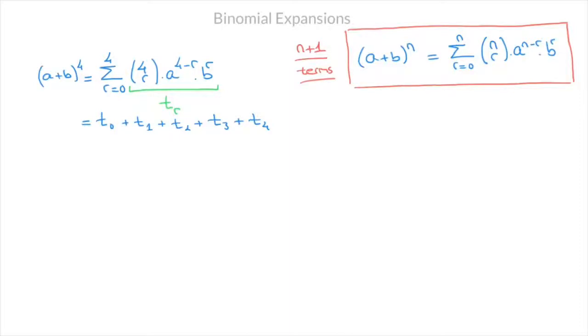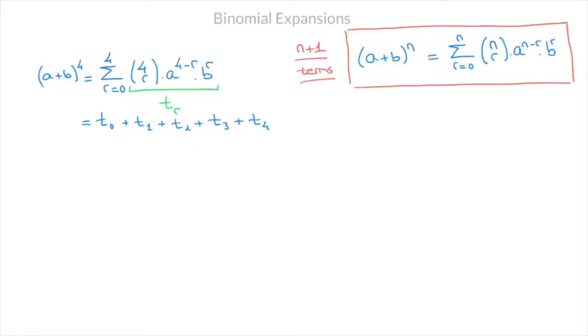So for instance, if we have (a + b)^2, then we'll have 3 terms. Or if we have (a + b)^5, then we'll have 6 terms, and so on.